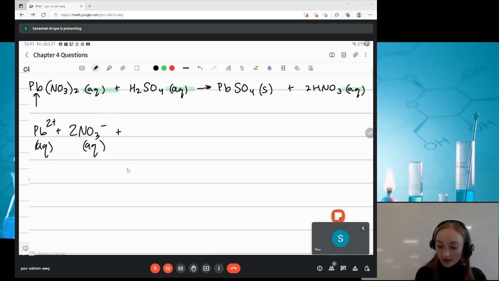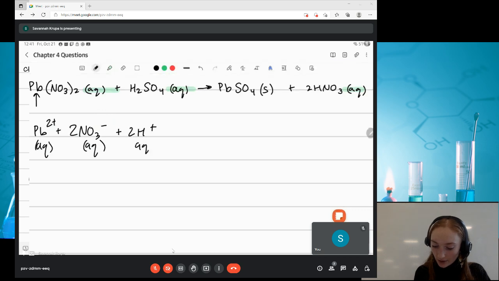And since the hydrogen sulfate is also aqueous, we can also break that down. And so we have 2 of the hydrogen, and hydrogen has a plus charge, and let's put an aqueous right below it, and then we have sulfate, and sulfate has a 2- charge.